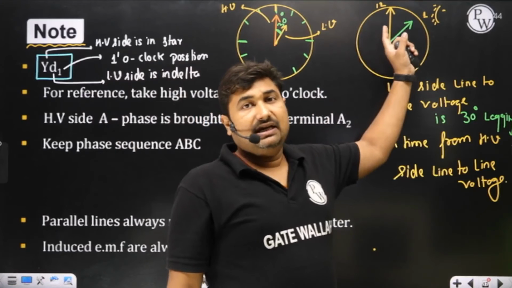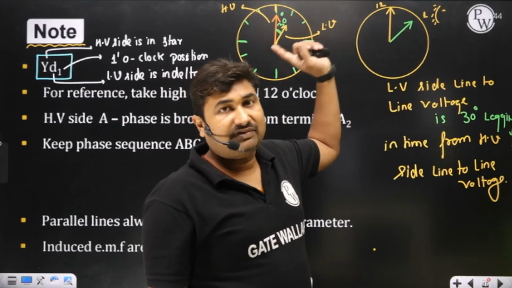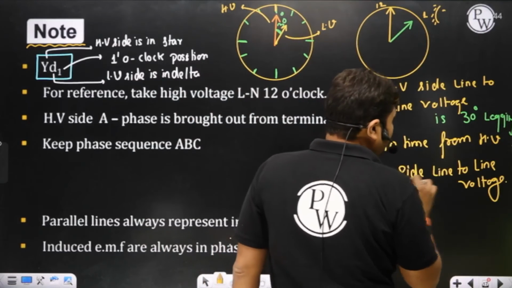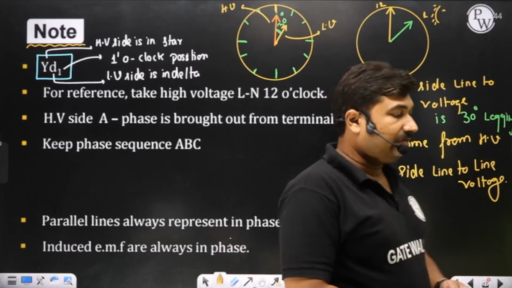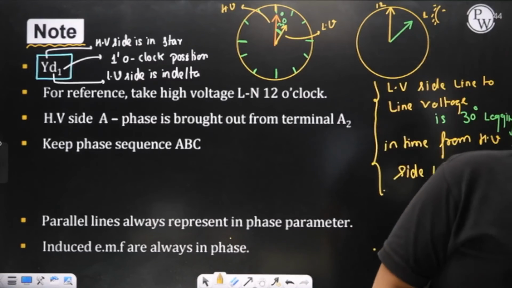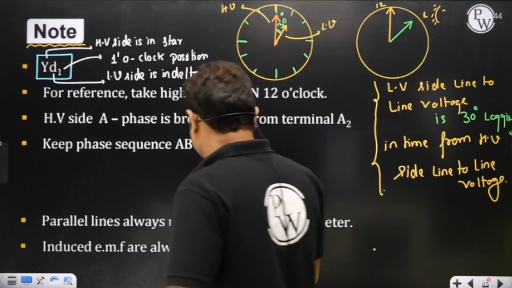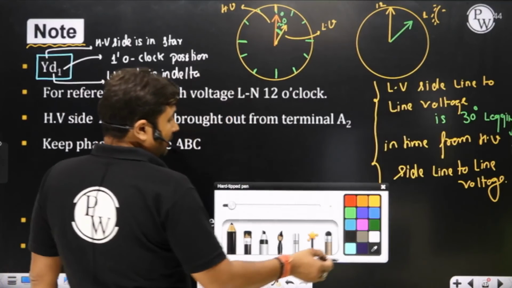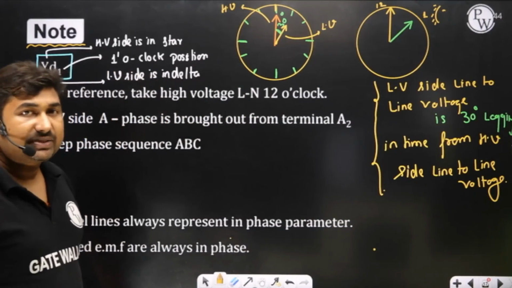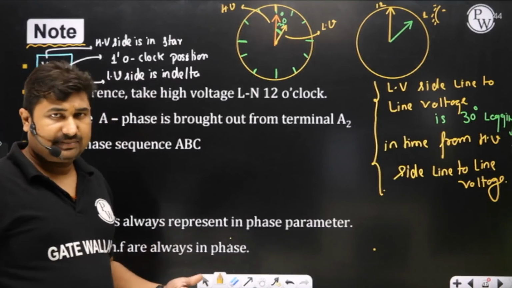So LV side reaches its maximum 30 degrees after the HV side. Always remember, only line to line voltage difference is represented, because phase voltages, the induced EMFs, are always in the same phase. From day one I am saying, induced EMFs are always in the same phase because they are due to the same flux.